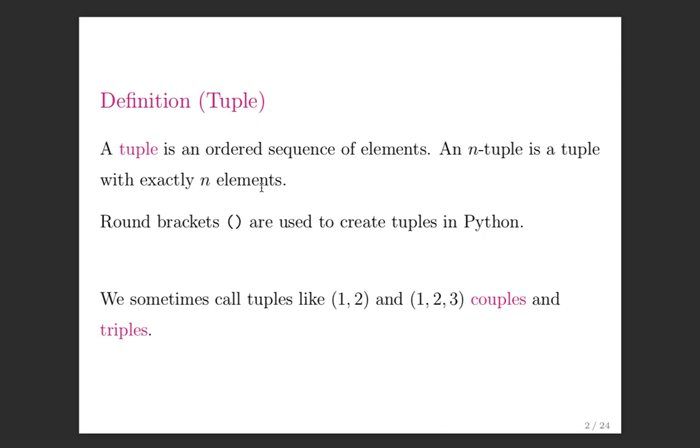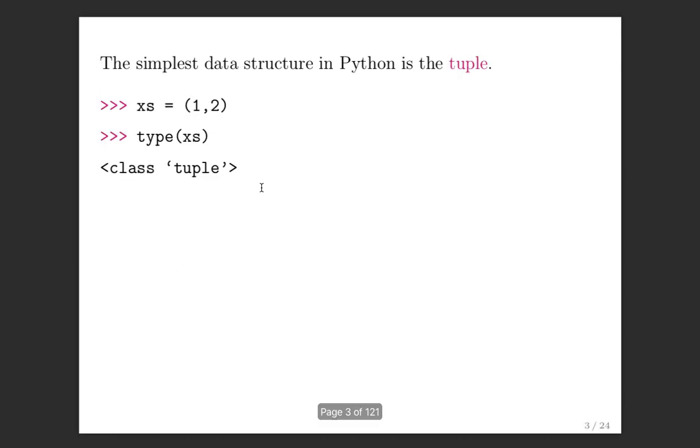In Python, you can use round brackets to create a tuple. But the thing about tuples, like strings, is that tuples are immutable. That means once they're made, you can't change their values. So here I've created a couple, 1, 2, like a coordinate.